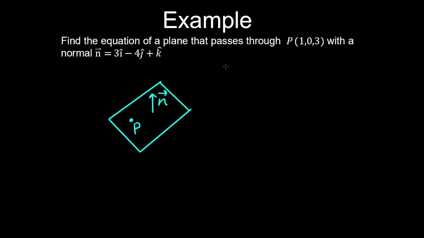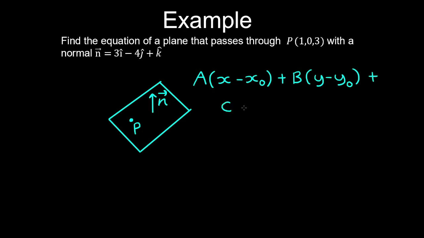So recall the equation of the plane is the first coordinate of the normal by x minus the x coordinate of the point on the plane, plus the second component of the normal by y minus the second coordinate of the point on the plane, plus the third component of the normal vector by z minus the third coordinate of the point on the plane, and that's equal to 0.